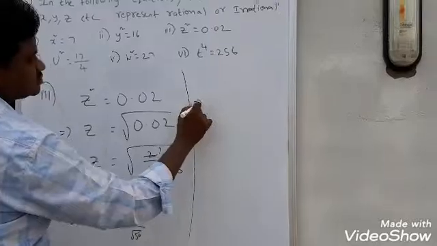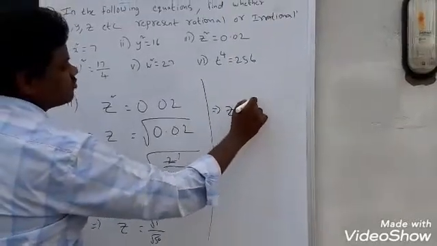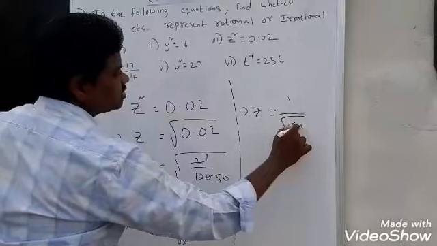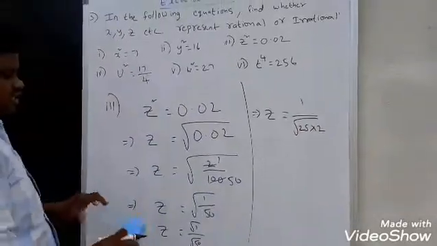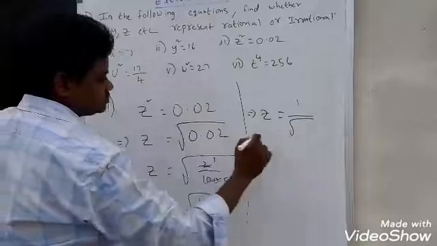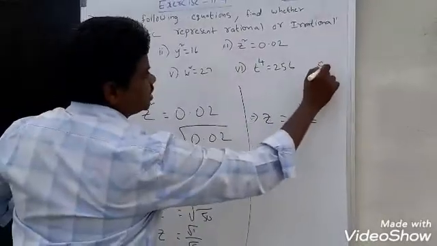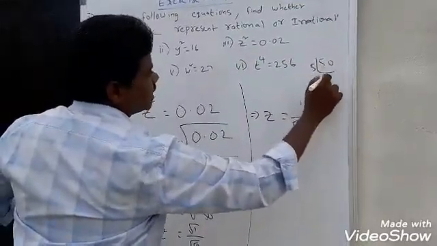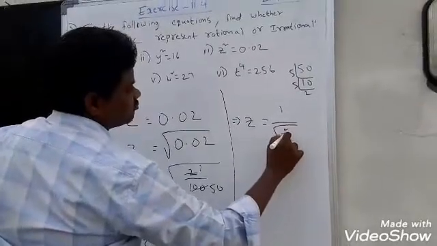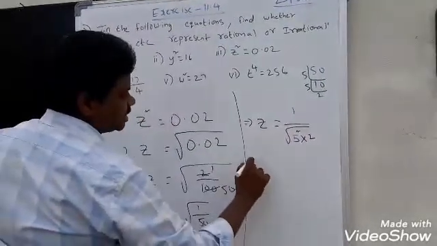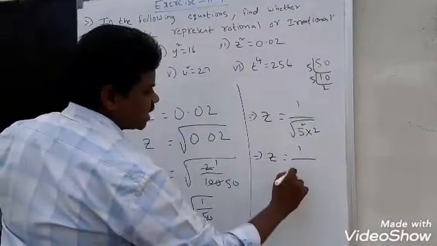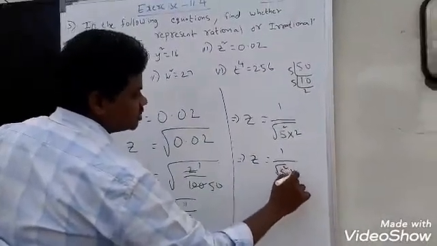The square root of 1 is 1. Root 50 can be written as root of 25 into 2. If you do prime factorization, 50 is 5 into 5 into 2, that is, 5 square into 2. So z is equal to 1 by root 5 square into root 2.